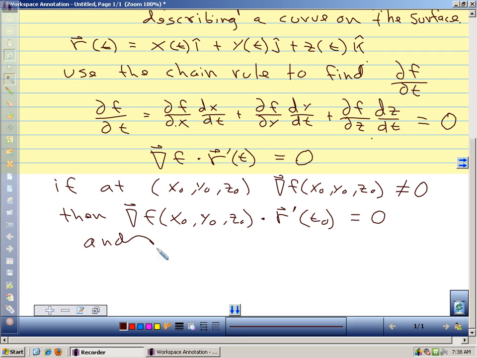And the gradient is orthogonal to the tangent vector.